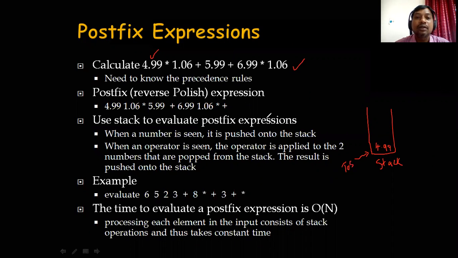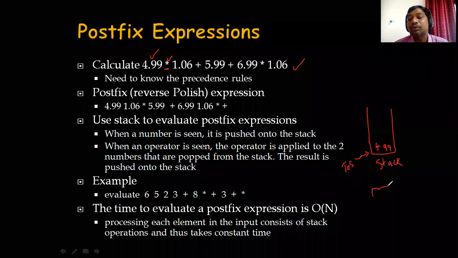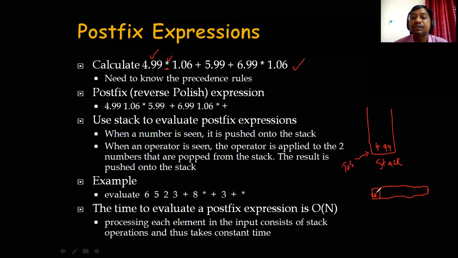Now the next input is an operator. Whenever you get an operator, you keep that operator in an output array, like this. In the first index we are storing asterisk.